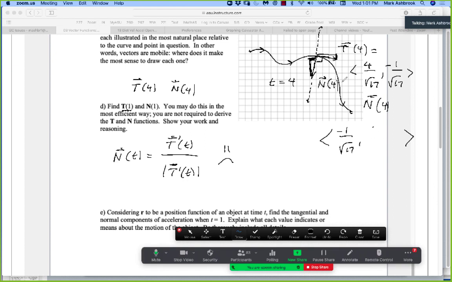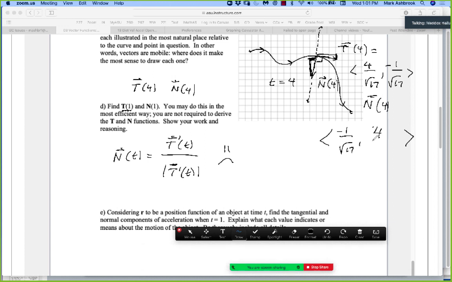Therefore the y component would be? 4 over rad 17, and then we have to say, is it up or down? Since it's down, it's negative. So that's a lot easier way. Given a T vector in R2, it's a lot easier way of just writing down the N vector rather than trying to do this, which we want to avoid at all costs.